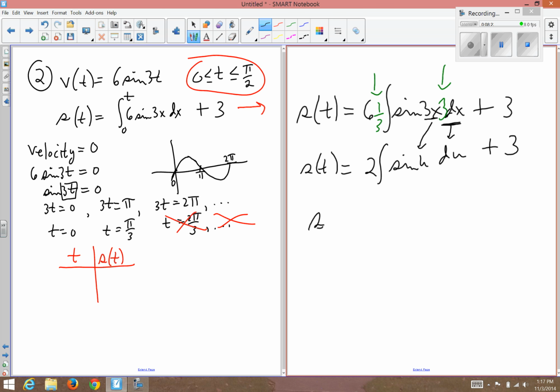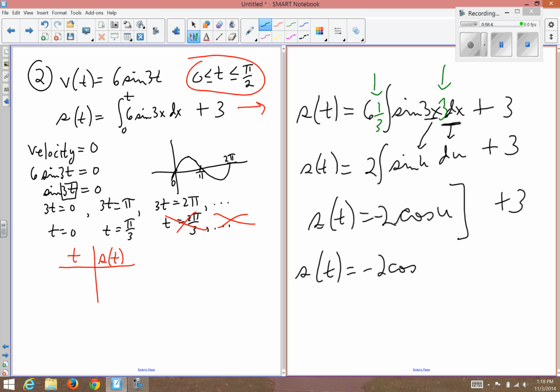S of t equals 2 times the integral of sine u du, which is negative cosine u. What I mean is S of t equals negative 2 cosine 3x.